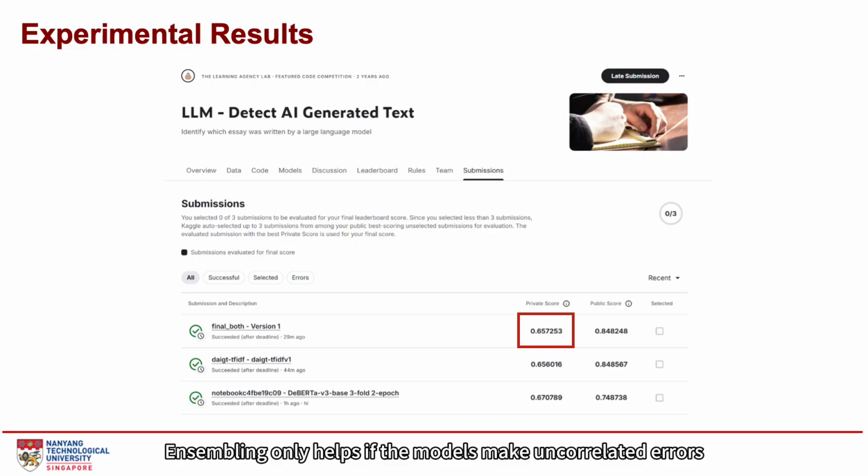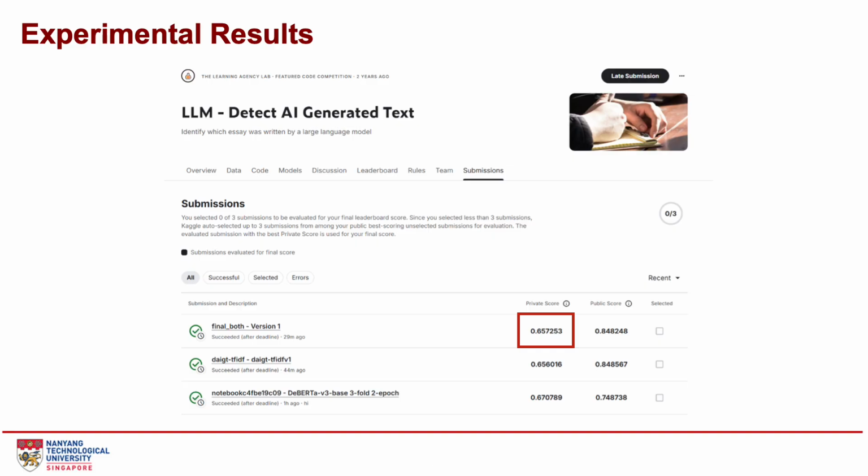Ensembling only helps if the models make uncorrelated errors. In this case, the deep semantic features extracted by DeBerta already subsume the useful information captured by TF-IDF surface n-grams. Because both models made errors on similar samples, combining them introduced no complementary advantage.